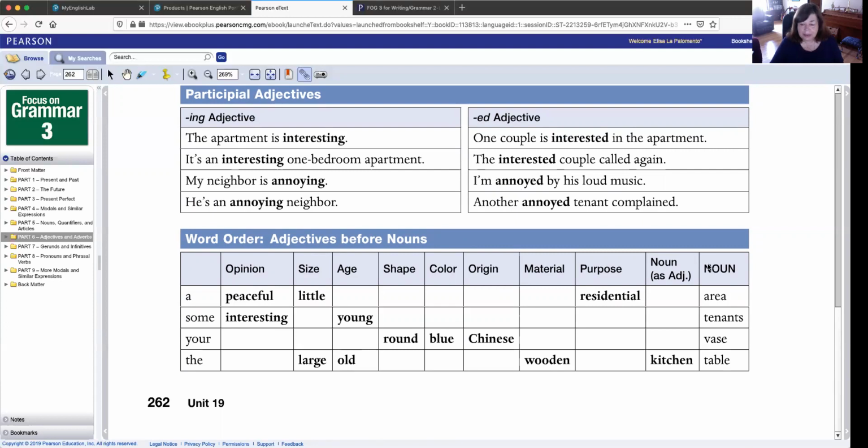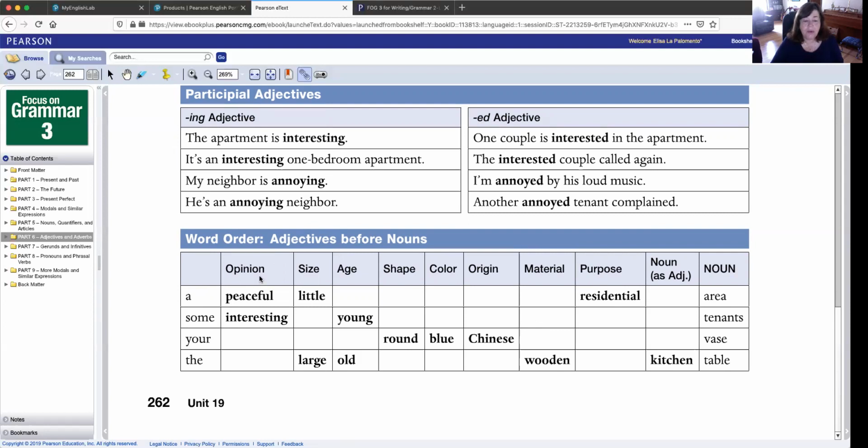Now this is going to seem like an awful lot to remember, and I don't expect you to just remember this, even if you study it right away, because there's a lot of information here. But when we use adjectives before nouns, we have to put them in a certain order, okay? So this is showing us the order. First, there's opinion.